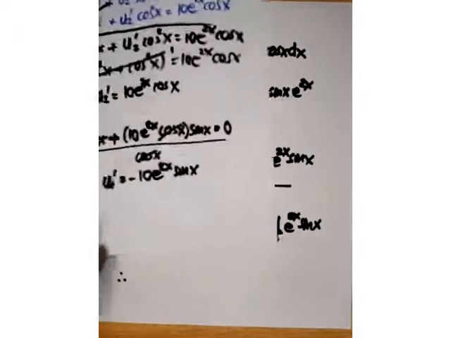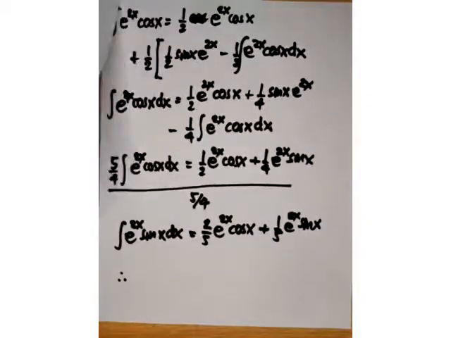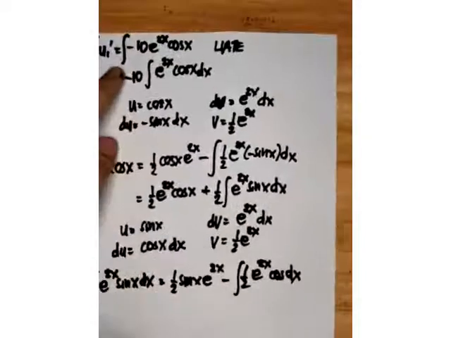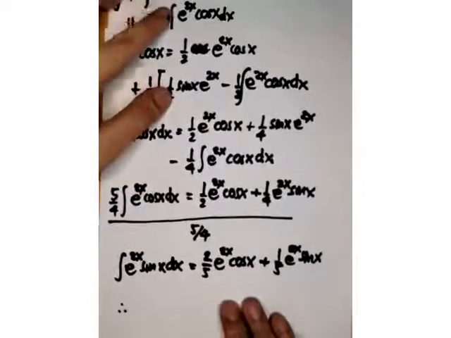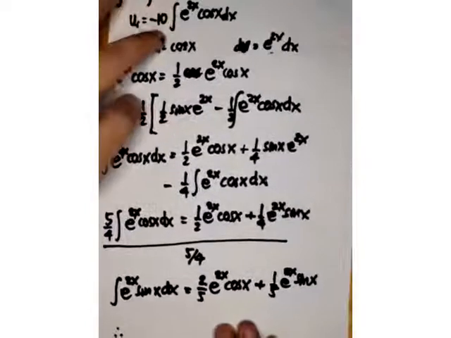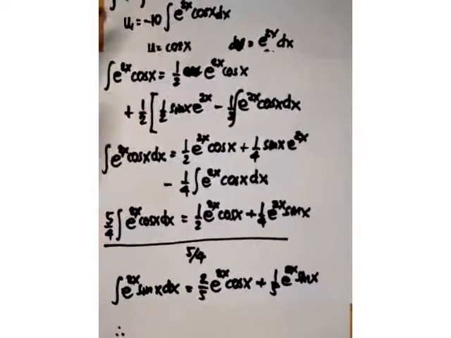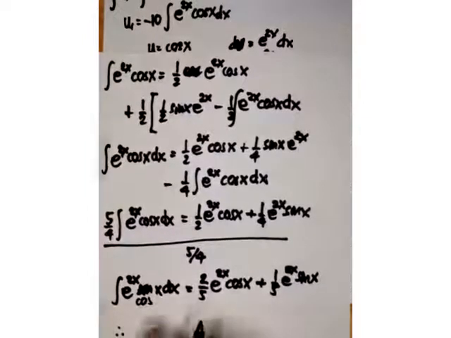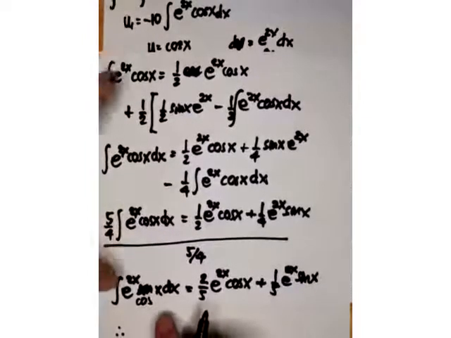Dito na tayo. Dito na pala. So, ayan. So, ito na ay, mali ako. This is cosine. So, ito na tayo. Ayan.